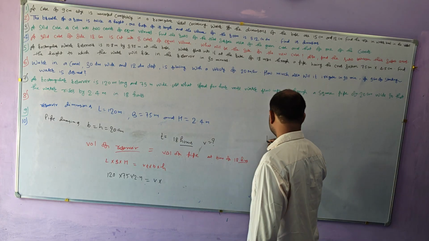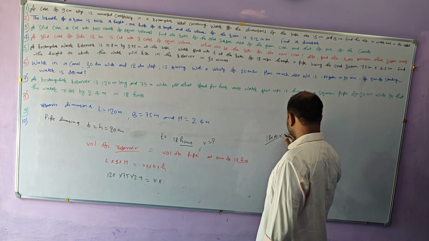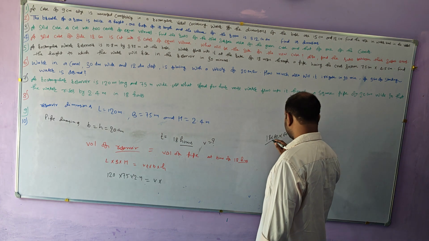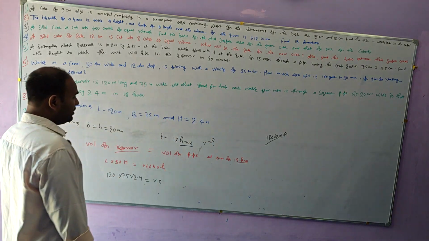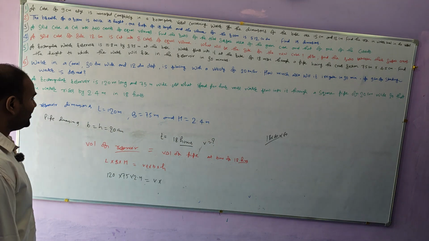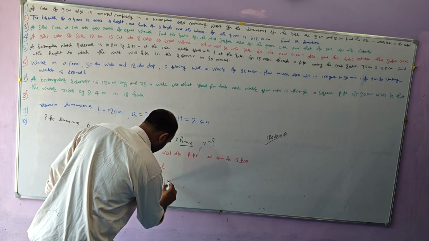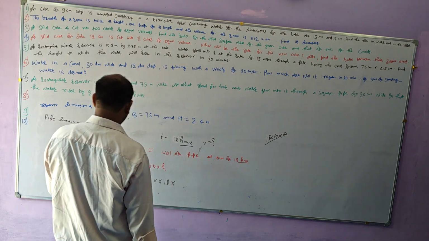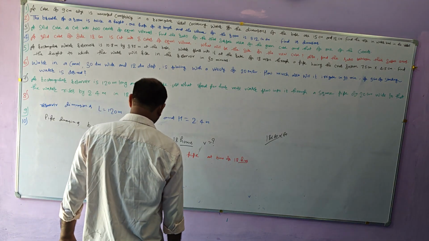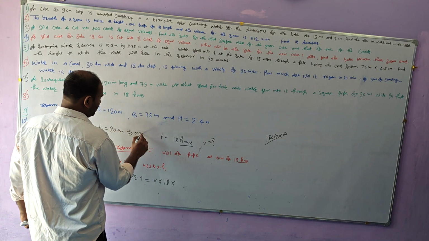If we want minutes, then we need to change 18 into 60. If we want seconds, then we again multiply 18 into 60 into 60. That's going to be in seconds. If we want meter per hour, we don't need to change. Leave it as this 18, and B is equal to 20 centimeter, so we can change it to 0.2 meter.